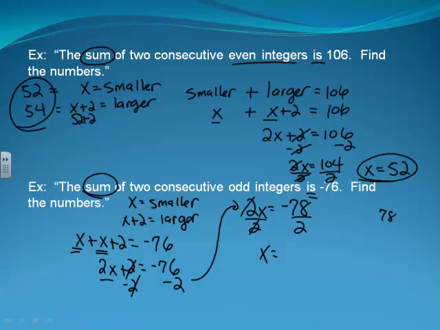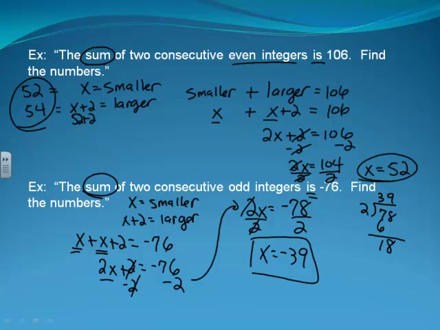And if you don't have a calculator, you can do that off to the side. 2 goes into 7 3 times. 7 minus 6 is 1. Bring down the 8. 2 goes into 18 9 times. So we've got 39.